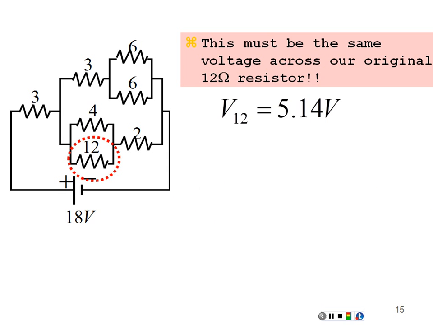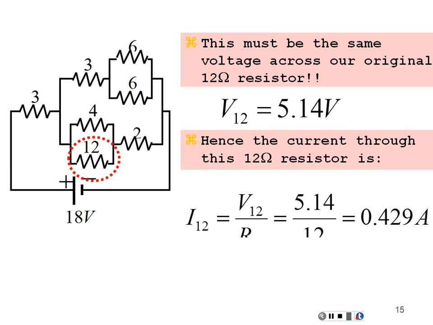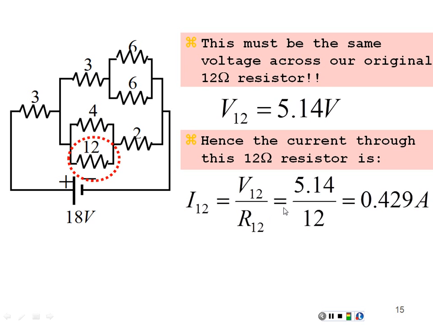And since I know the voltage across the 12 ohms, I can now calculate the current through that 12 ohms by Ohm's law. The current is going to equal its voltage over its resistance, 5.14 volts divided by 12 ohms, 0.429 amps. Whew. That is the current going through the 12 ohm resistor in this circuit, 0.429 amps.